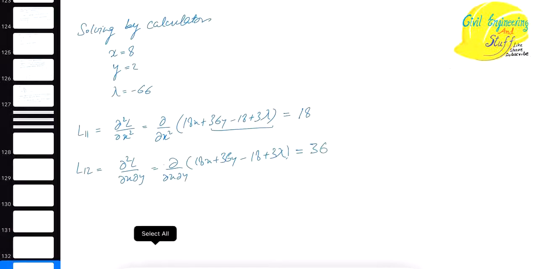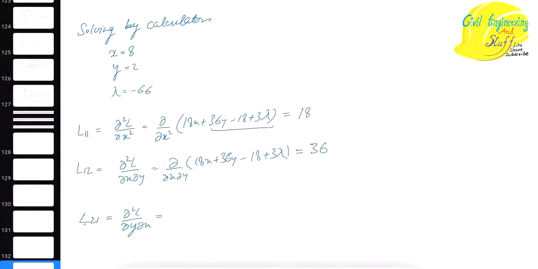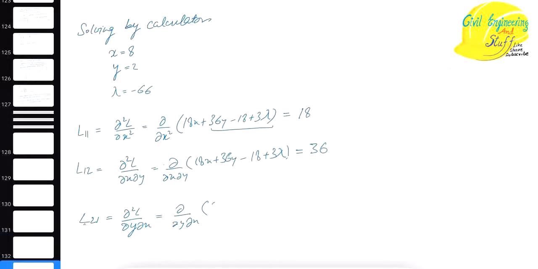Okay. Likewise, L21. This time partially differentiating equation number 2 with respect to x. We have equation number 2, that is dL/dy, and we are going to partially differentiate it with respect to x. Equation number 2 is 36x − 8y − 8 + 4 lambda.